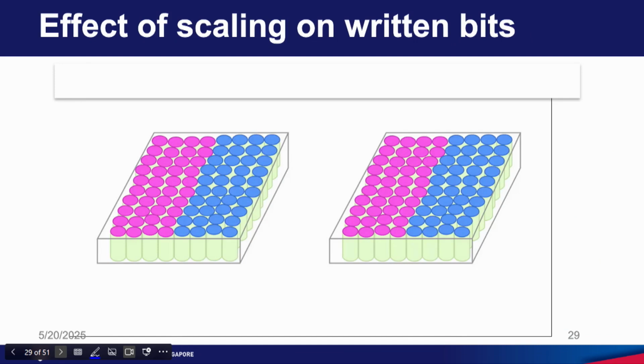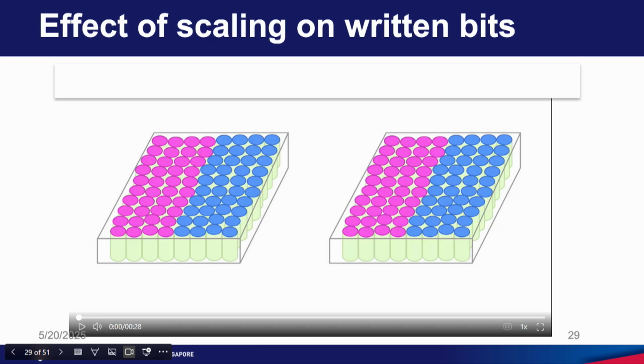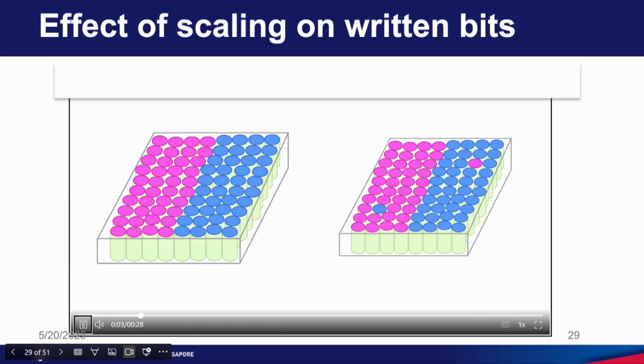Okay, so this is the cartoon video of what happens when you go towards higher technology in hard disk drive. You make the grain thickness smaller, the diameter smaller.